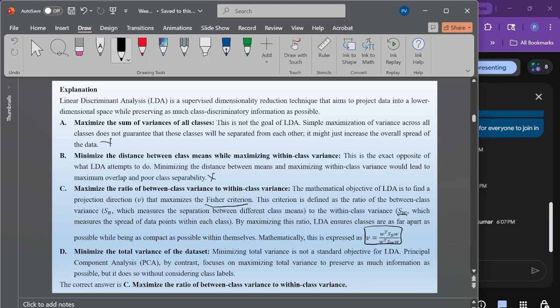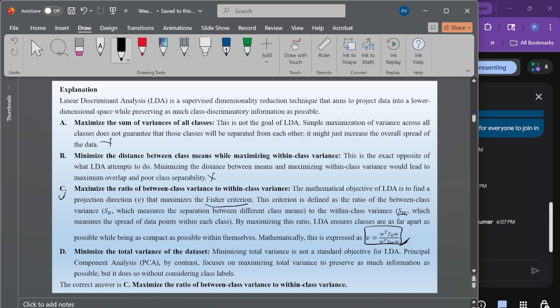LDA ensures classes are as far apart as possible while being as compact as possible within themselves. Mathematically, it is represented by this formula. So this is the correct option. Let's see the last option. Minimize the total variance of the dataset. Minimizing the total variance is not a standard objective for LDA or PCA.